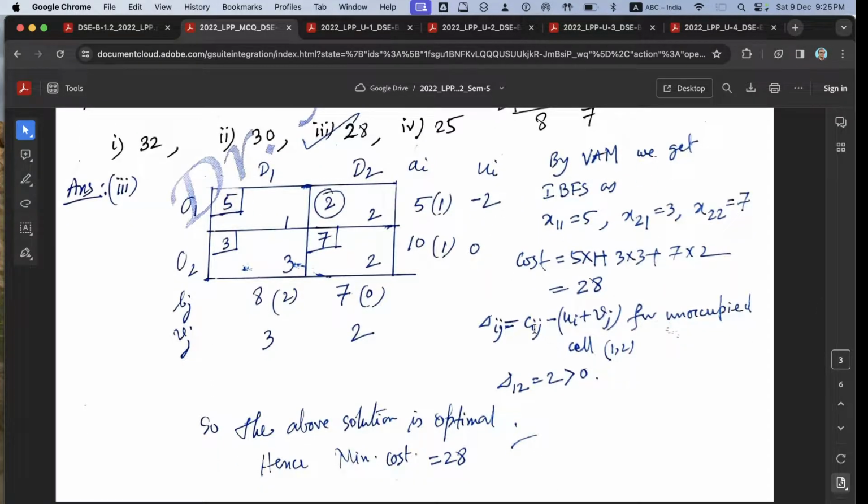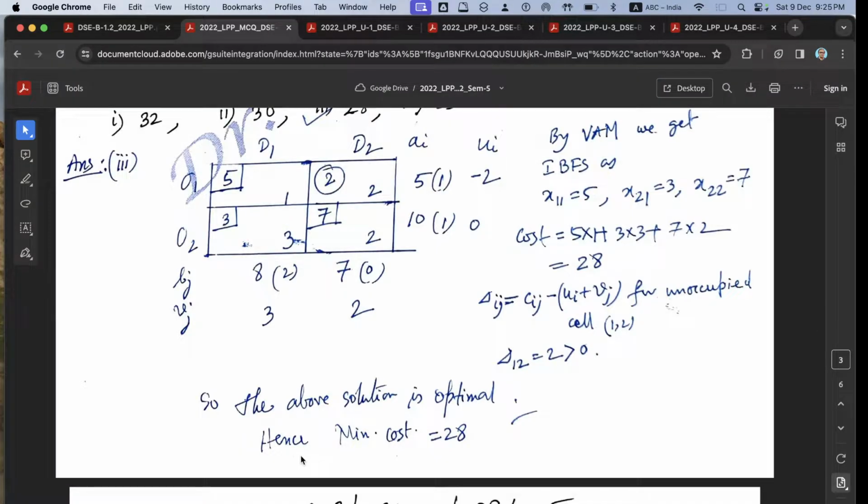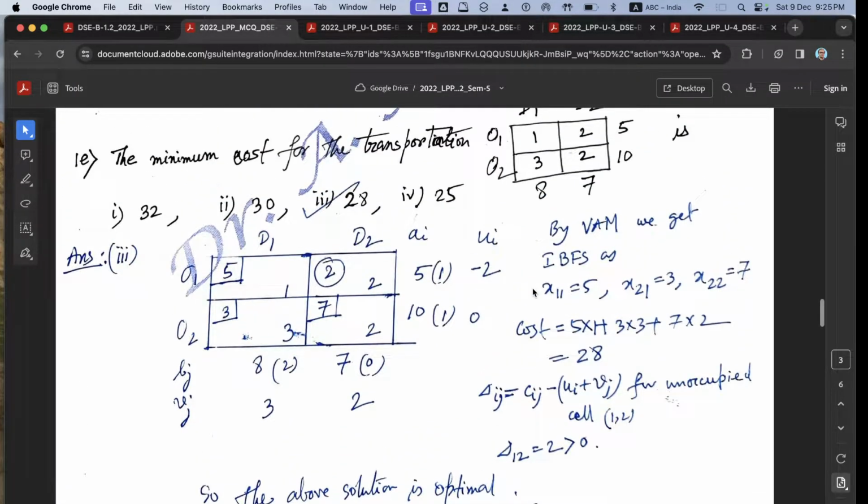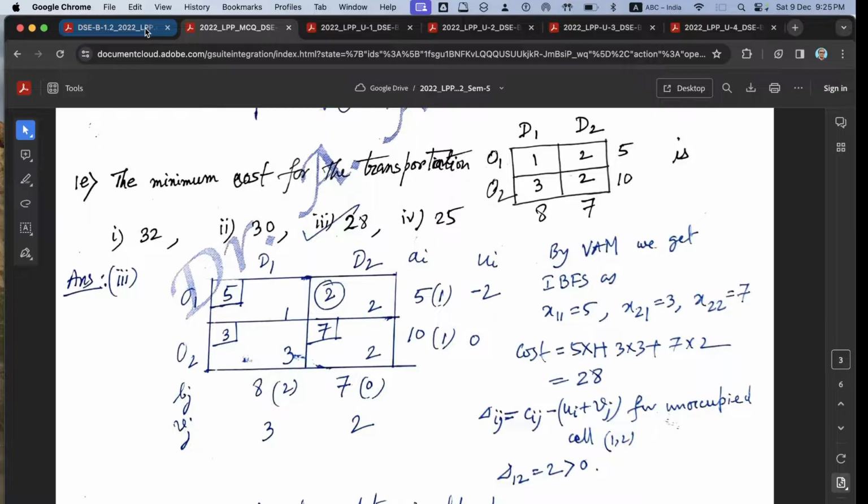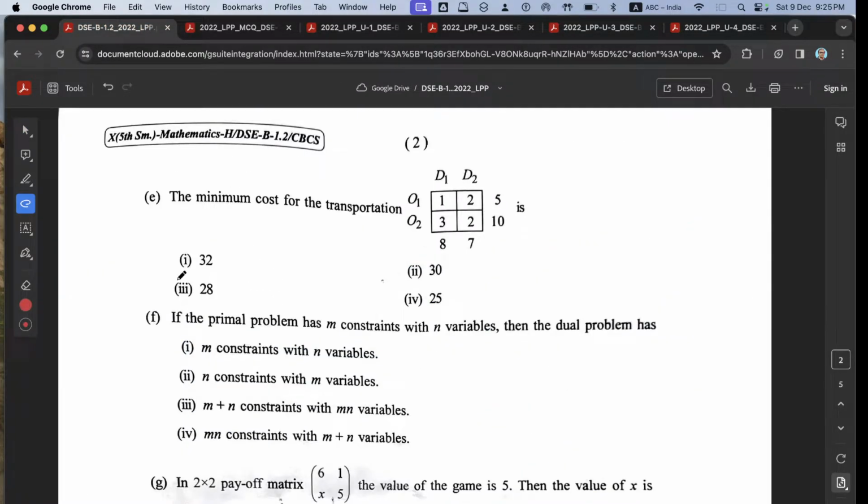Then Cij minus (ui plus Vj) for the unoccupied cell; there is only one unoccupied cell, so delta 12 equal to 2. Encircle this 2. It is positive, so the above solution is optimal, and the minimum cost is 28. So the answer is 28, option 3.